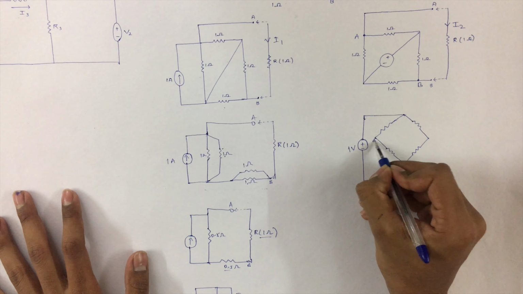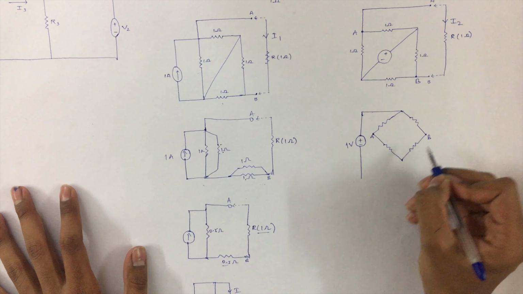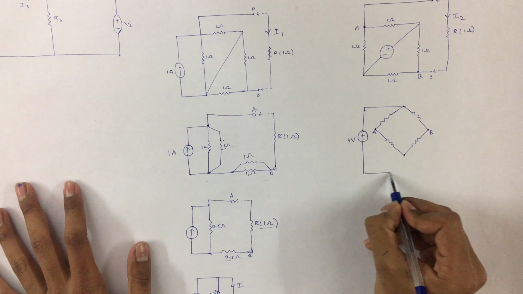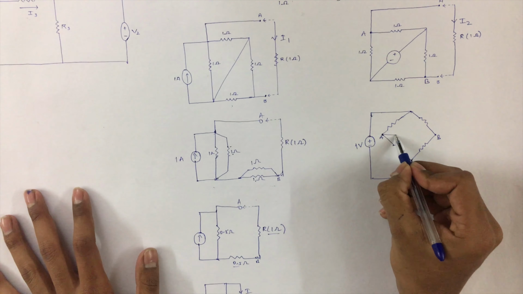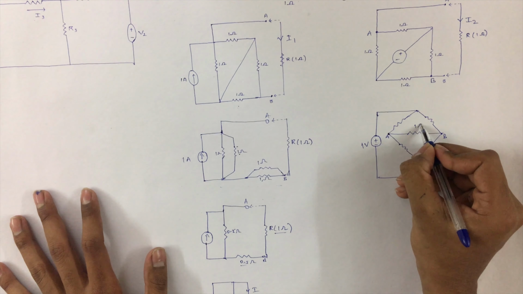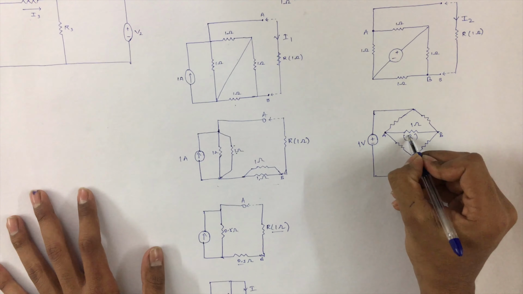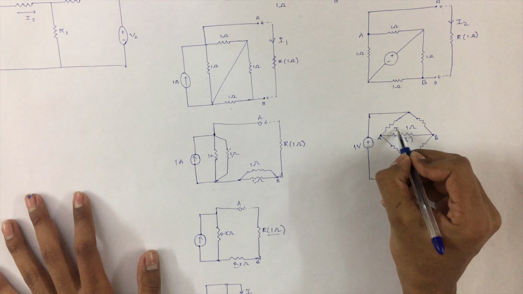This point would be A and this would be B, and we have the equivalent circuit as this with a 1 ohm resistor, which is the target element where we have to find the current flowing I.